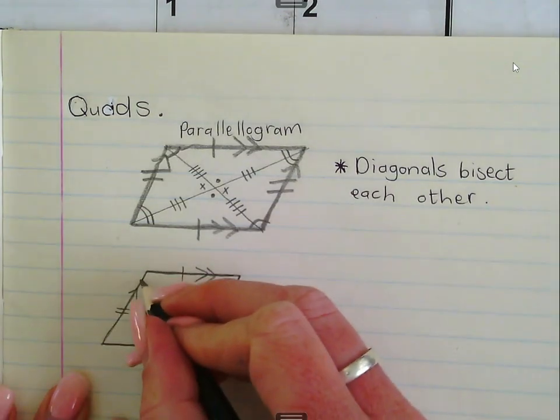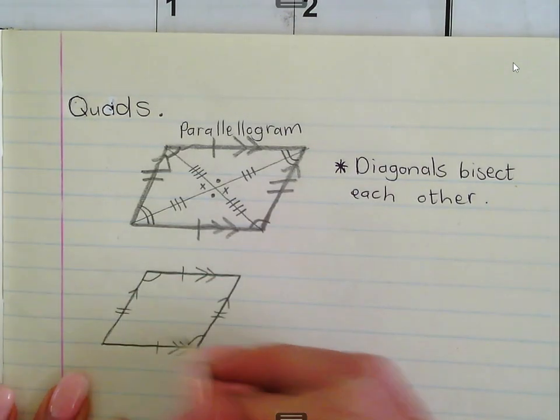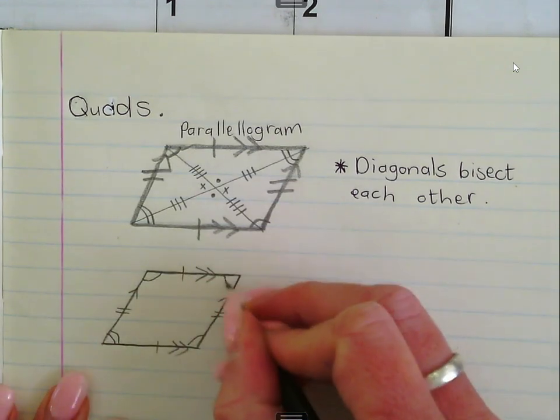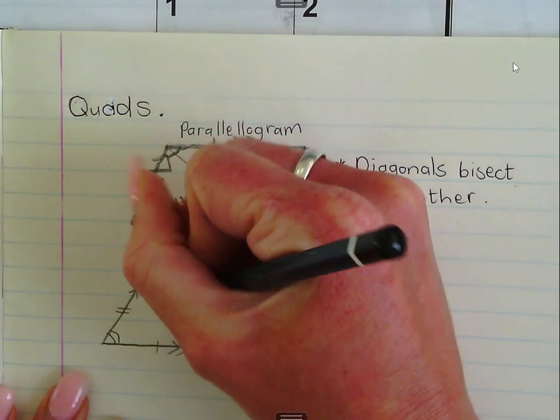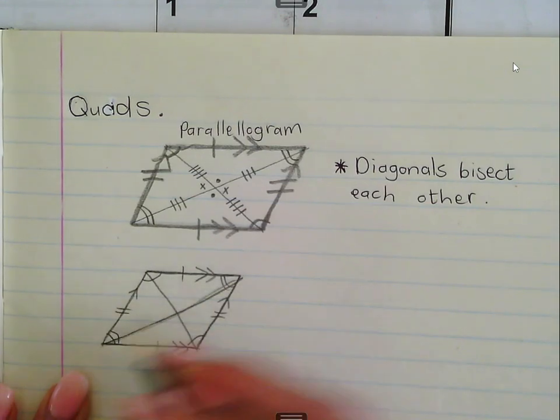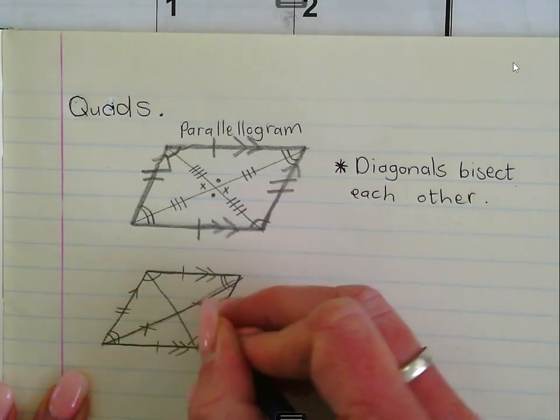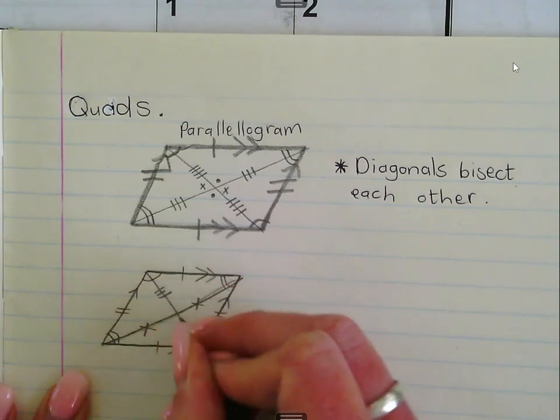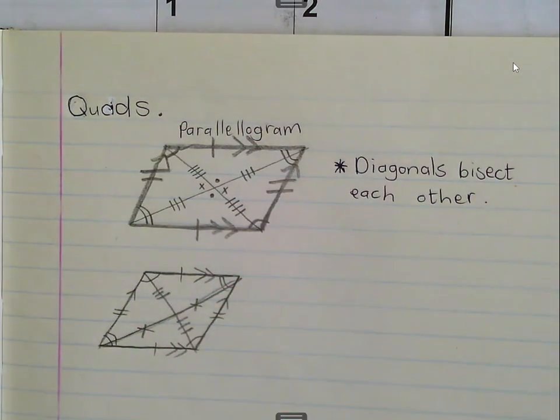It has the opposite angles, two pairs being equal. And it has the diagonals that bisect each other. But it also has something extra. Let me finish this one.